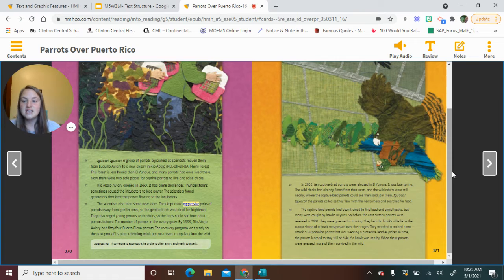So we're going to pause at this page, and I'd like you to reread paragraphs 36 through 38. And you're going to look to see what text structure the author is using in this section. How are they setting it up? Is it compare and contrast? Is it problem and solution? Is it sequential order? Or is it cause and effect?